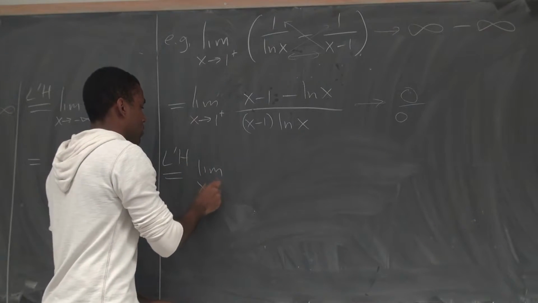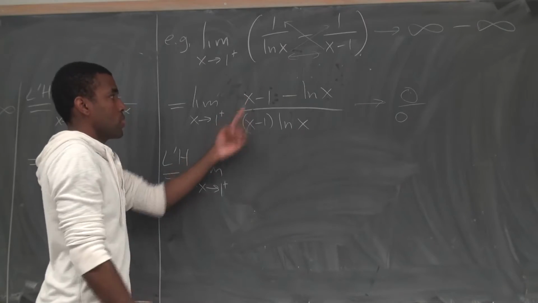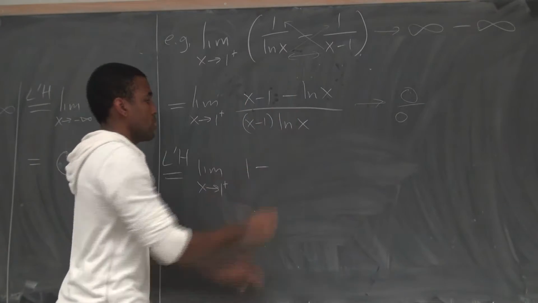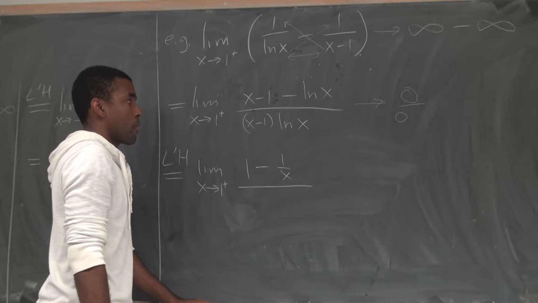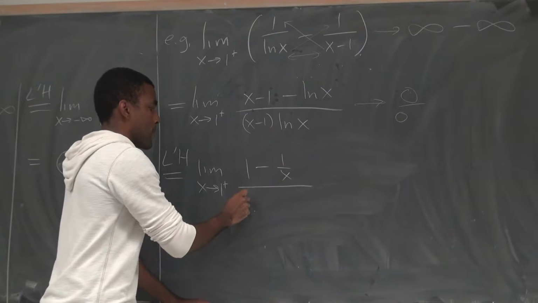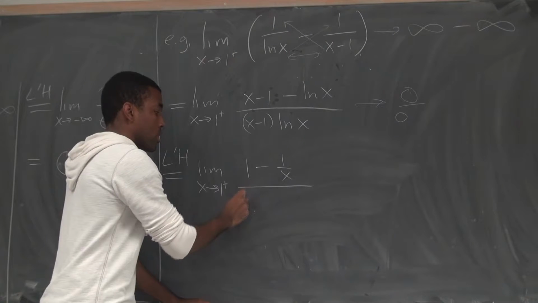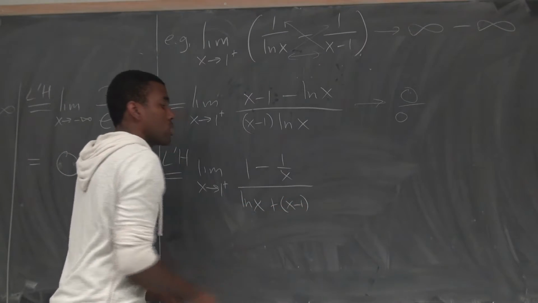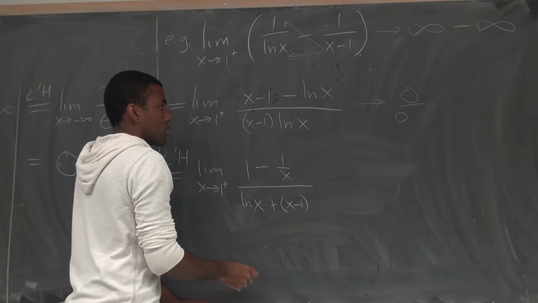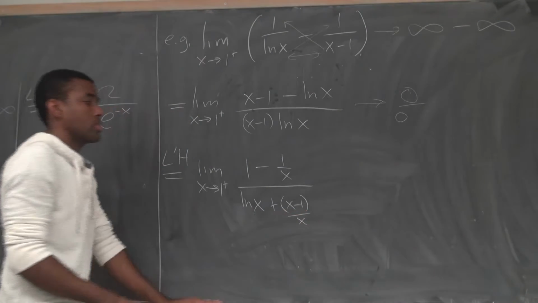What happens? You get 1 minus 1 over x divided by, product rule, ln x plus x minus 1 over x.